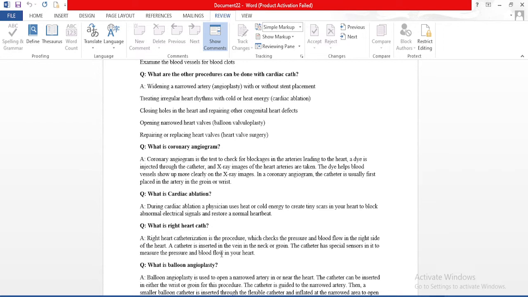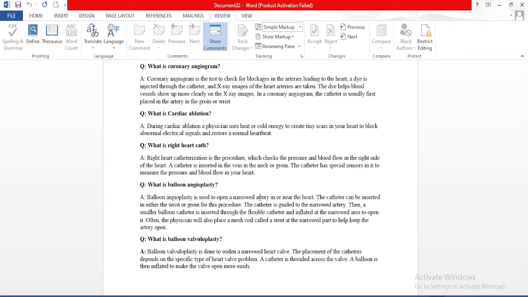Valvuloplasty means repair of the valves using the balloon. Repairing or replacing heart valves, where the physician will use artificial valves to replace the damaged valves during heart valve surgery. So during all these procedures also, the physician may perform cardiac catheterization.